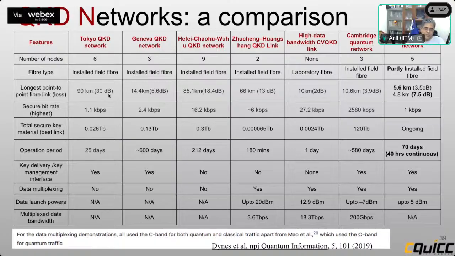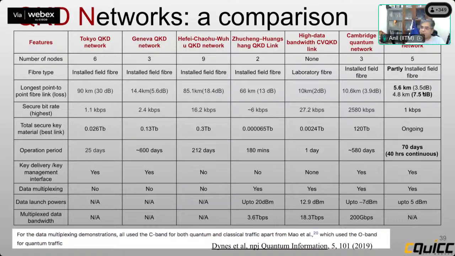I did the math for you. 100 kilometers is 20 decibels. 90 kilometers, 30 decibels means that there are losses along this fiber. Similarly, when we did it, 5 kilometers, 3.5 decibels. 3.5 decibels is something like 15 kilometers, but we are getting that loss only over 5 kilometers.